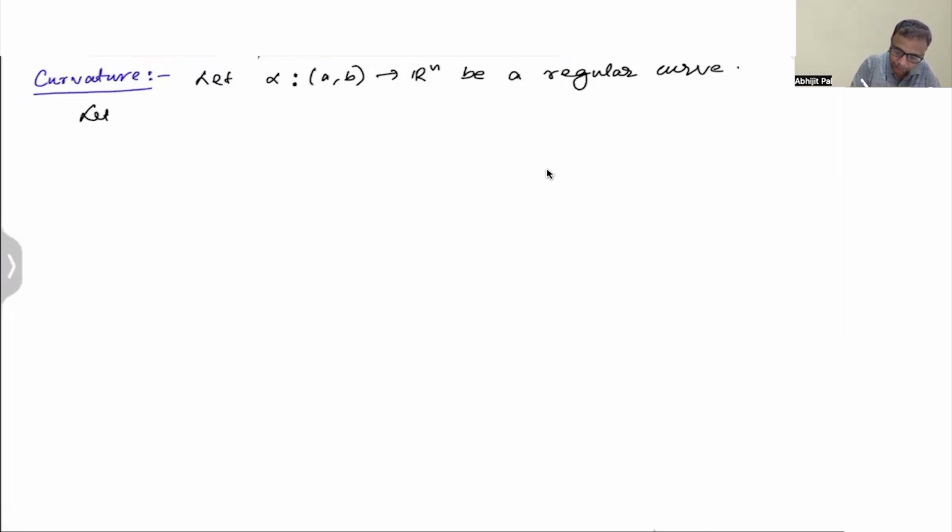So let alpha tilde be a unit reparameterization of alpha, or you can also take this alpha tilde to be the arc length reparameterization of alpha.